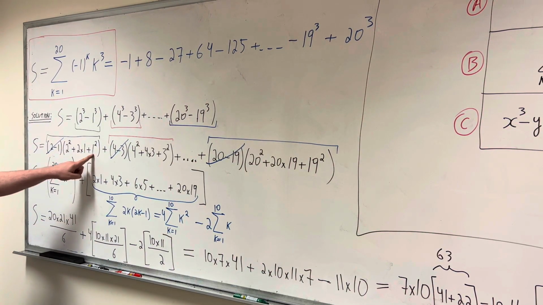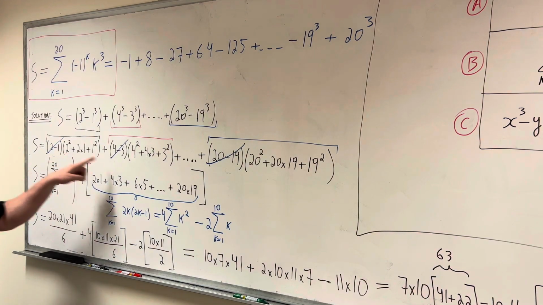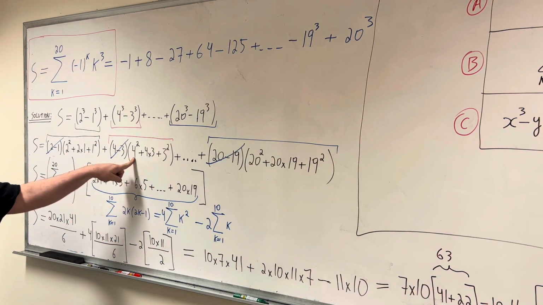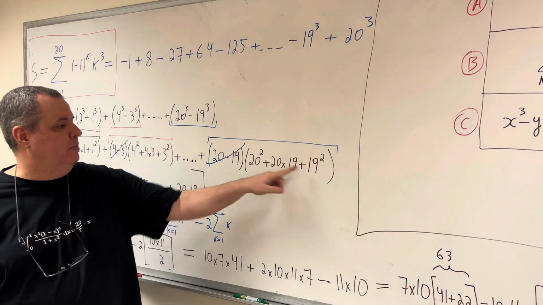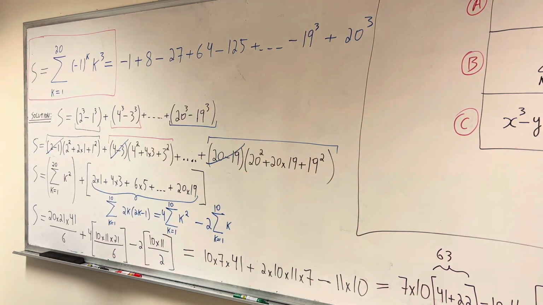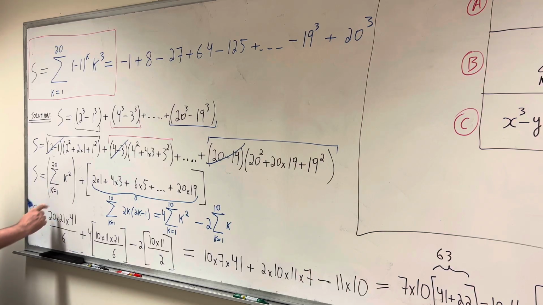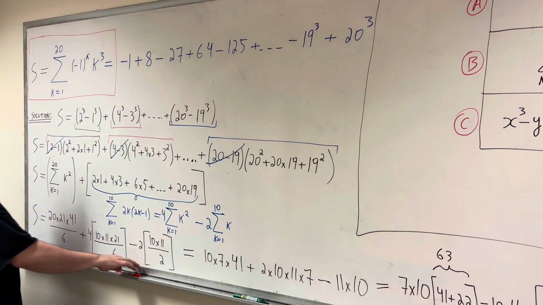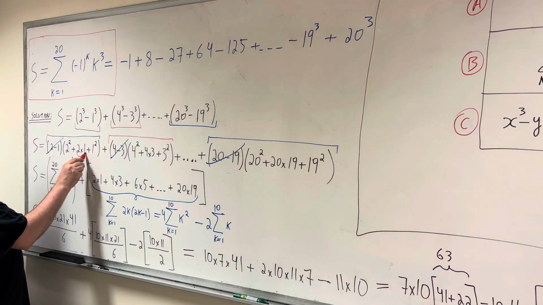Well, we have the 1 squared, we have the 2 squared, we have the 3 squared, we have the 4 squared. We have the squares of the numbers from 1 to 20. And that's what I wrote here: the summation of the squares of all the numbers from 1 to 20. Okay? But we have more than that. We have these cross terms here.